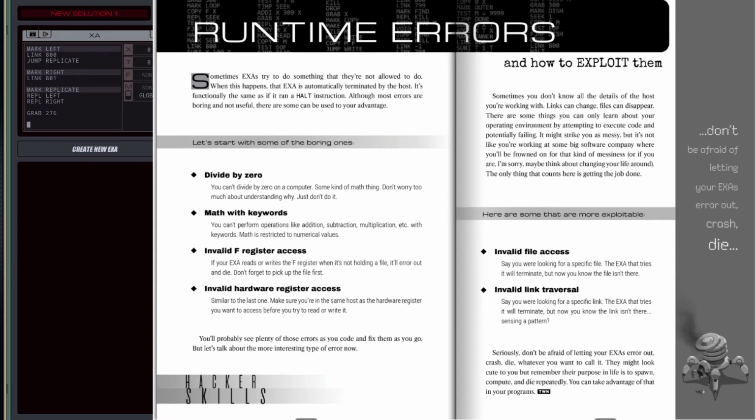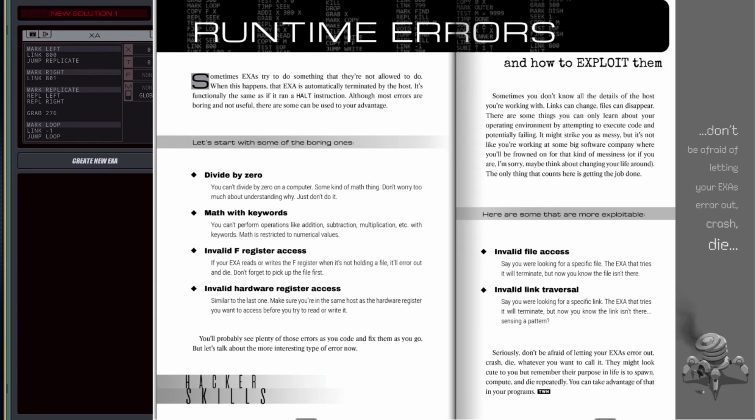I can do this. Loop return. Mark loop. And now the loop is link -1 jump loop. And it's just going to go all the way back to home and then explode.